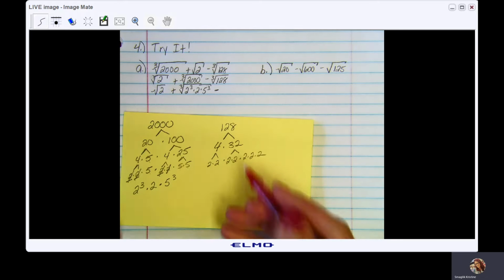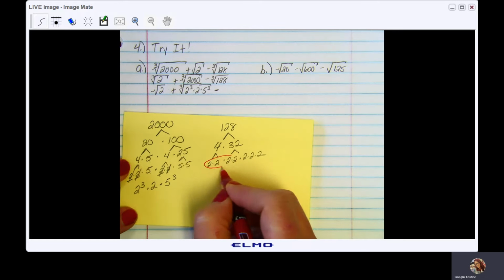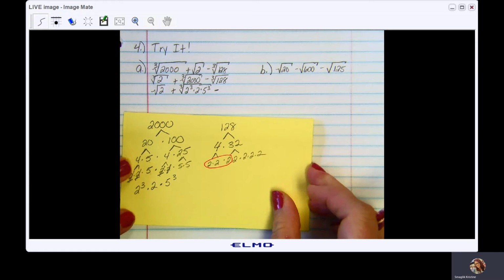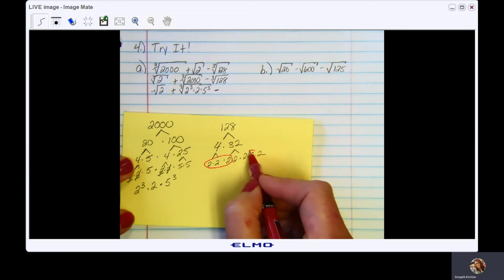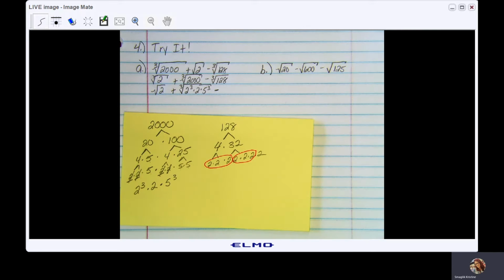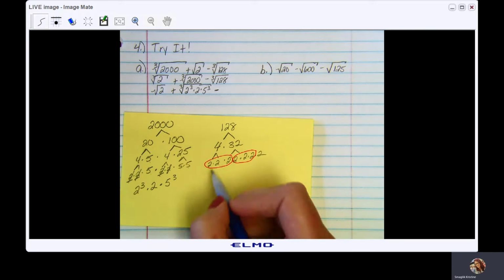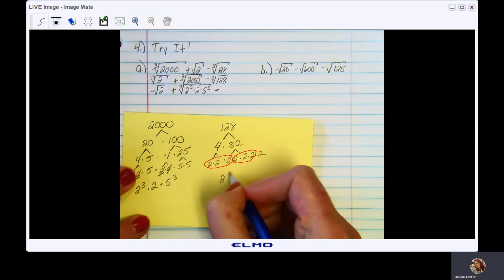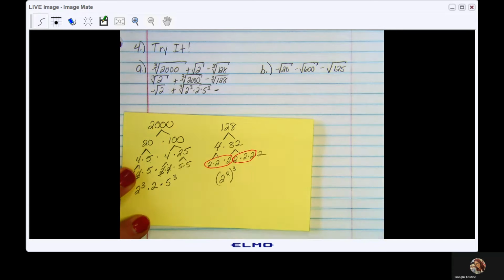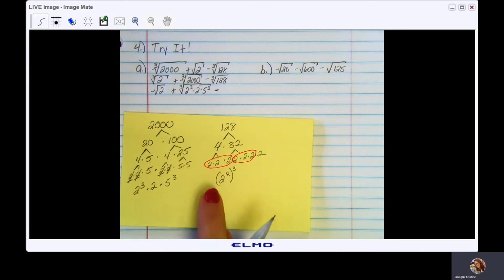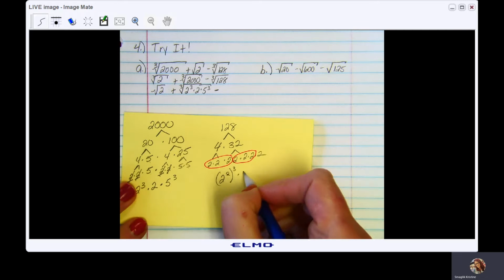So here's a group of 3 2s. And here's a group of 3 2s. So that means I have 2 groups of 3 2s. That's a mouthful to say. Times 2. We have 1 left over.